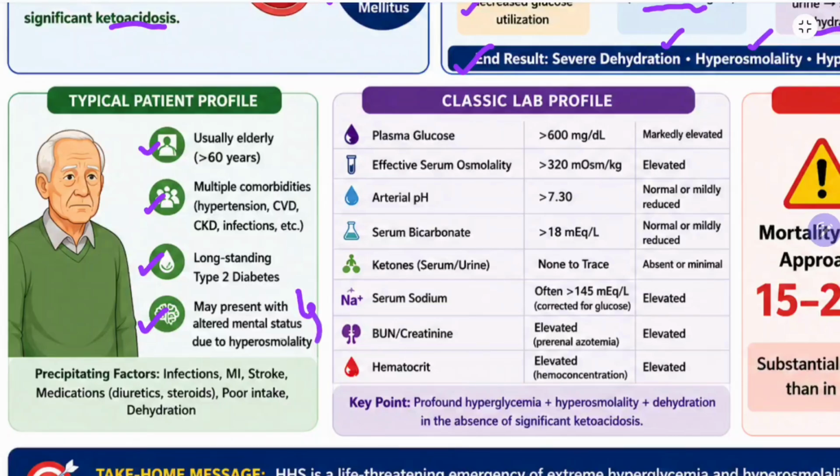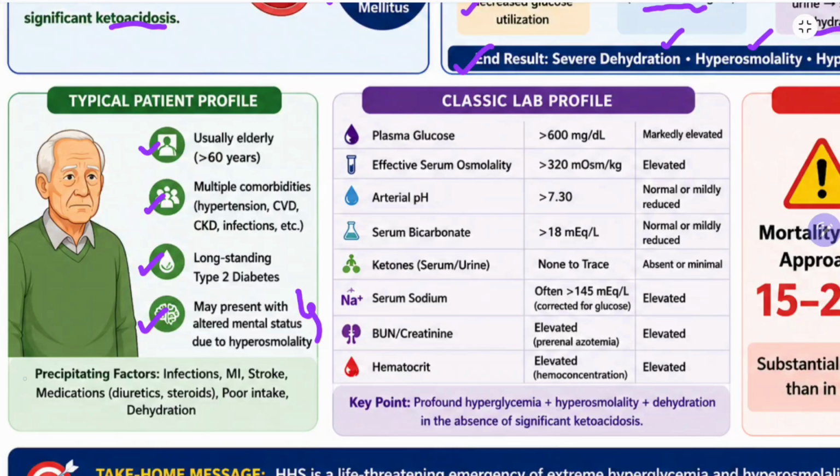It is a recognized feature of HHS that most of these patients present with CNS dysfunction only. This is not like diabetic ketoacidosis, which progresses from symptoms of hyperglycemia to nausea, vomiting, acute abdomen, then altered sensorium, then coma. These patients present directly with CNS dysfunction.